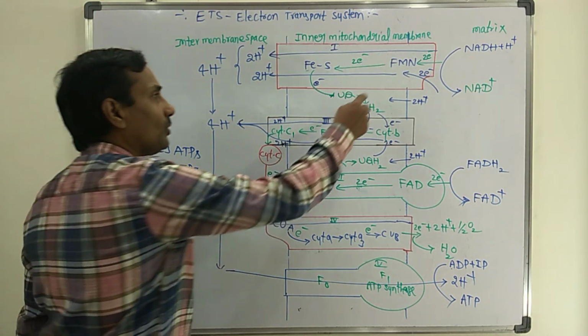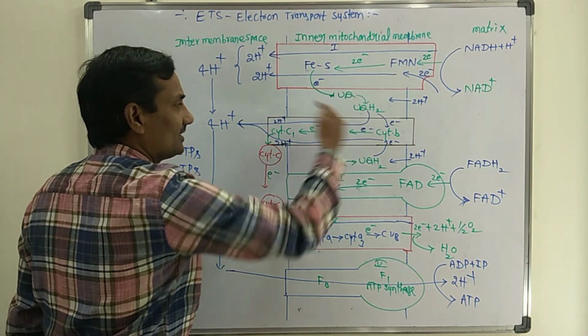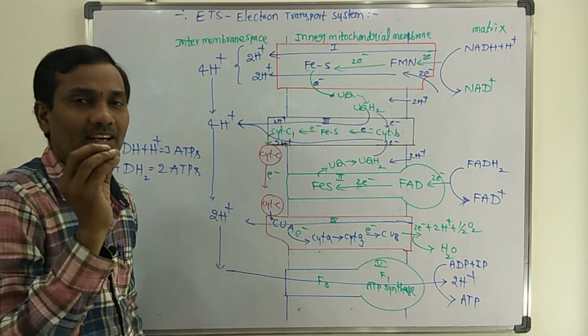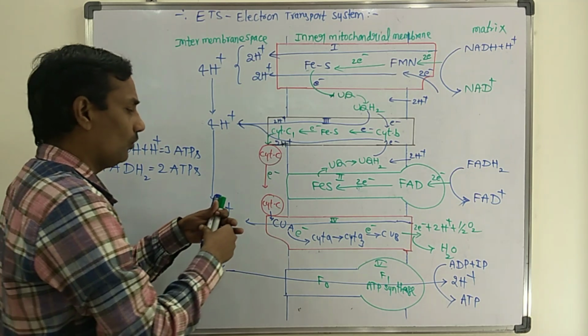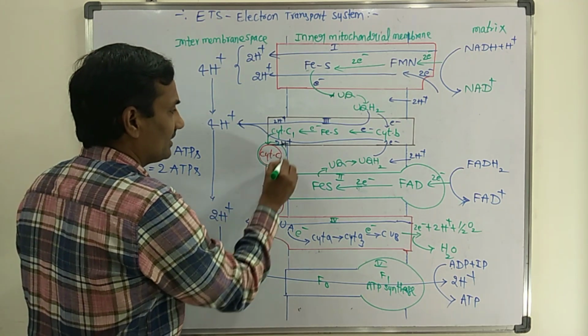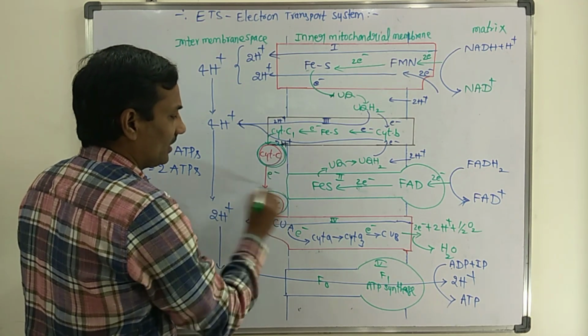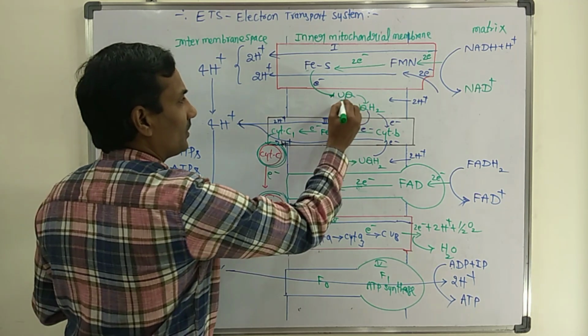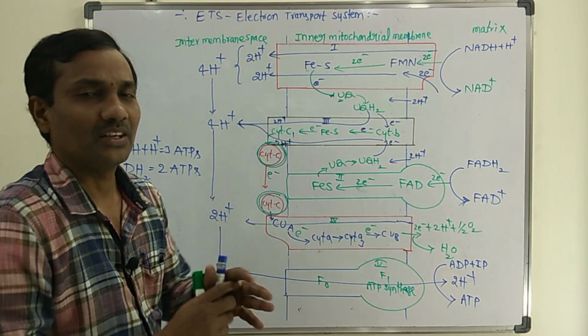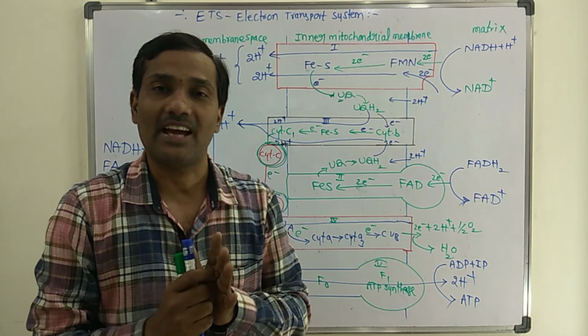Sometimes they will give the movement of the electron also like this. So here there are only 2 mobile electron carriers, that is cytochrome C and ubiquinone. These are mobile electron carriers.